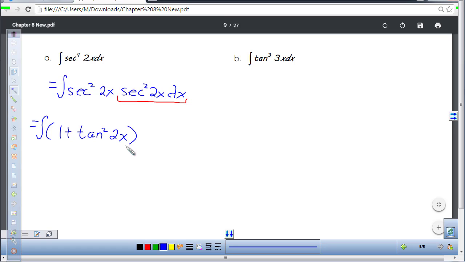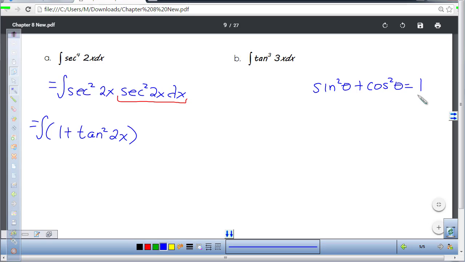Everybody knows sine squared theta plus cosine squared theta equals 1, right? And so we could always either divide by sine or cosine to get the other two Pythagorean identities. In case you don't remember, let me show you that just for the record. So we know sine squared theta plus cosine squared theta equals 1.